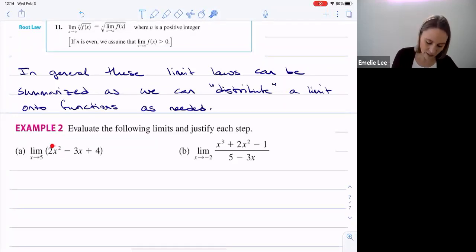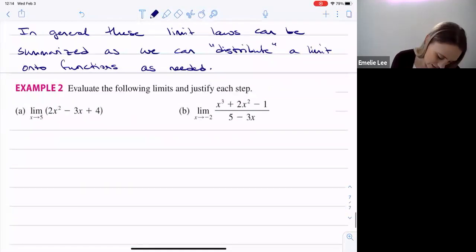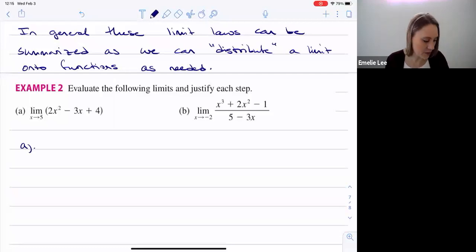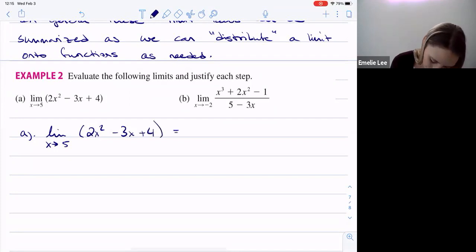So here I see a function 2x squared minus another function 3x plus a constant, right? What I can do is distribute this limit inside and just look at the individual limits of these things and then subtract or add as necessary. So for A, we've got the limit as x approaches 5 of 2x squared minus 3x plus 4.